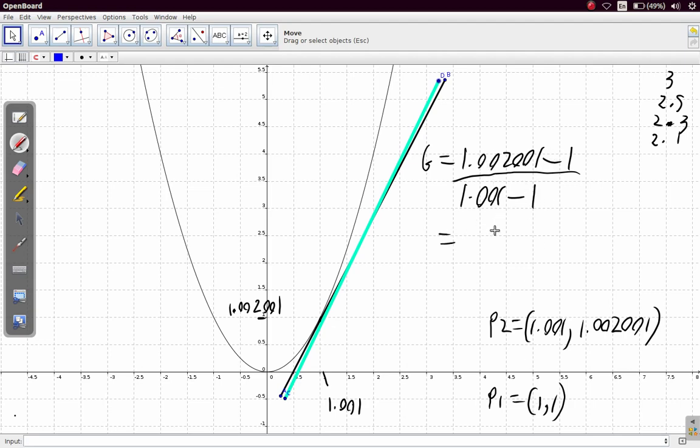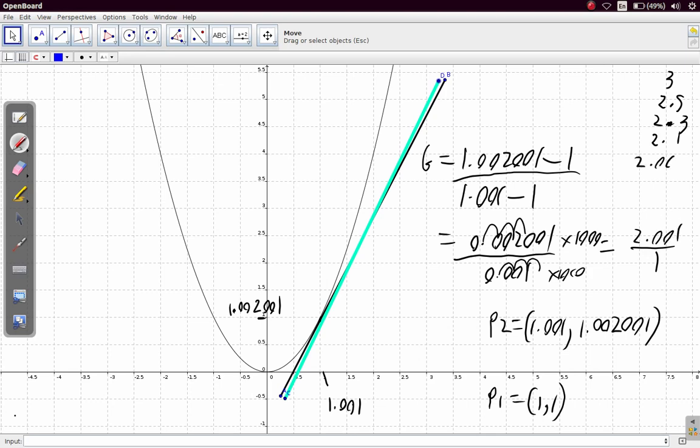So this minus 1 is 0.002001 over this minus 1 is 0.001. Suppose we multiply this by 1,000 and this by 1,000. What we have is 2.001 over 1. So it's 2.001.